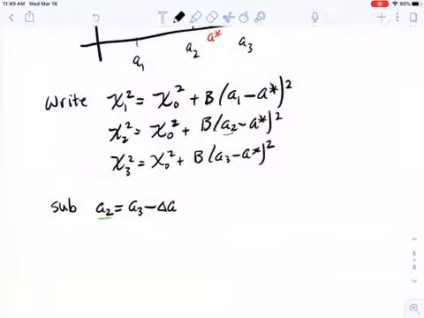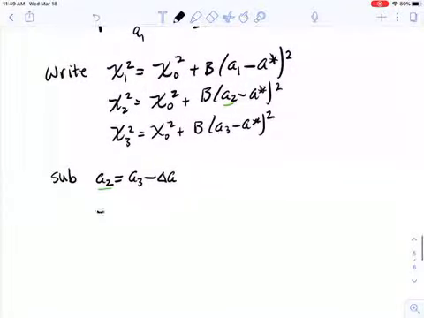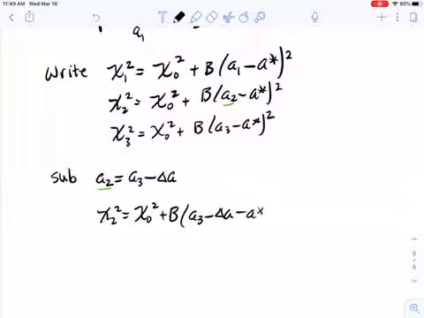And if we do that, we'll get what? Chi2 squared is equal to chi0 squared plus b times (A3 minus delta A minus A star) squared.